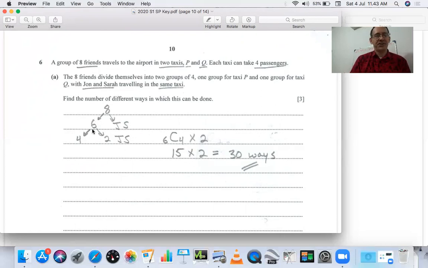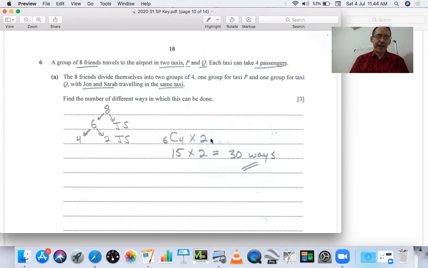Out of these 6 that are left, we need to choose 4 to go into the other taxi, and that means the remaining 2 will go in with John and Sarah. So of these 6, because those 2 have already been established as set, we need to choose 4 to go into taxi P, and then the other 2 with John and Sarah will go into taxi Q. So 6 choose 4 will give that.